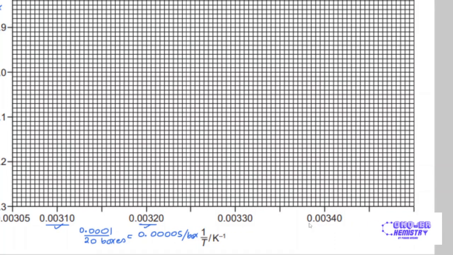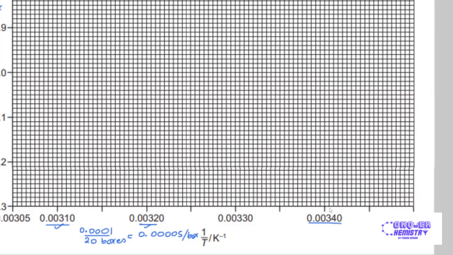All right. So now that we have the scales, let's plot the points. So the first point that we're going to be looking at is 0.00341 and minus 5.24. Okay, so if I look closely over here, this is 0.00340.